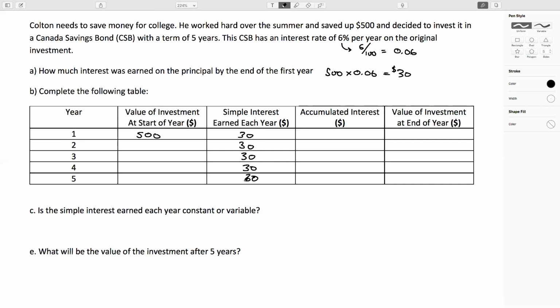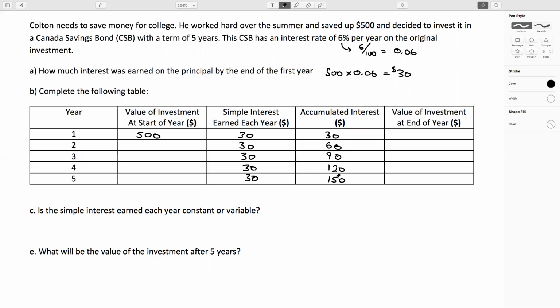The accumulated interest is the total amount of interest you've received. For your first year, you receive $30. You get $30 more the next year, so you'll have $60 at the end of year 2. You'll have earned $30 more in year 3, so this goes to $90, then to $120, and then to $150.